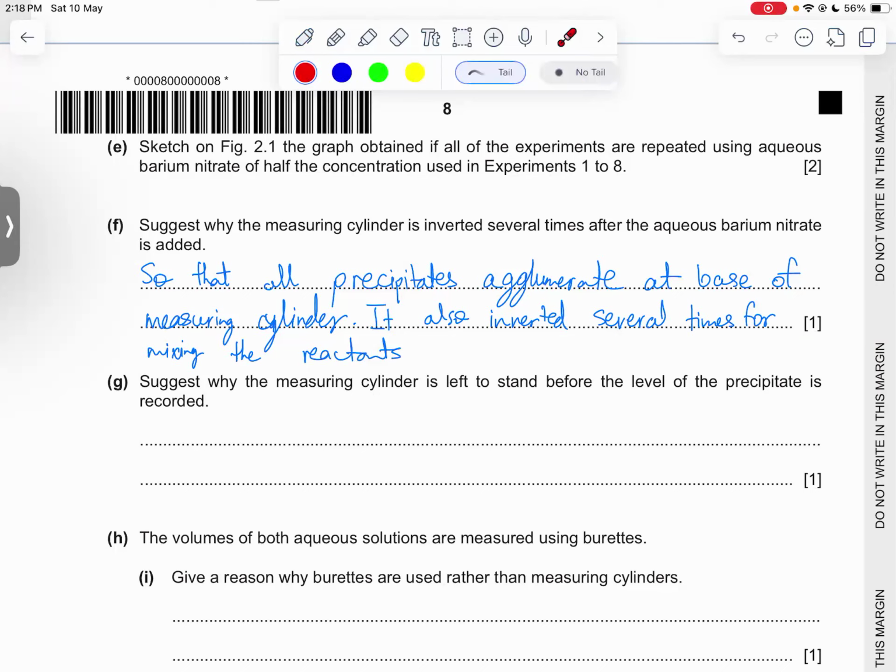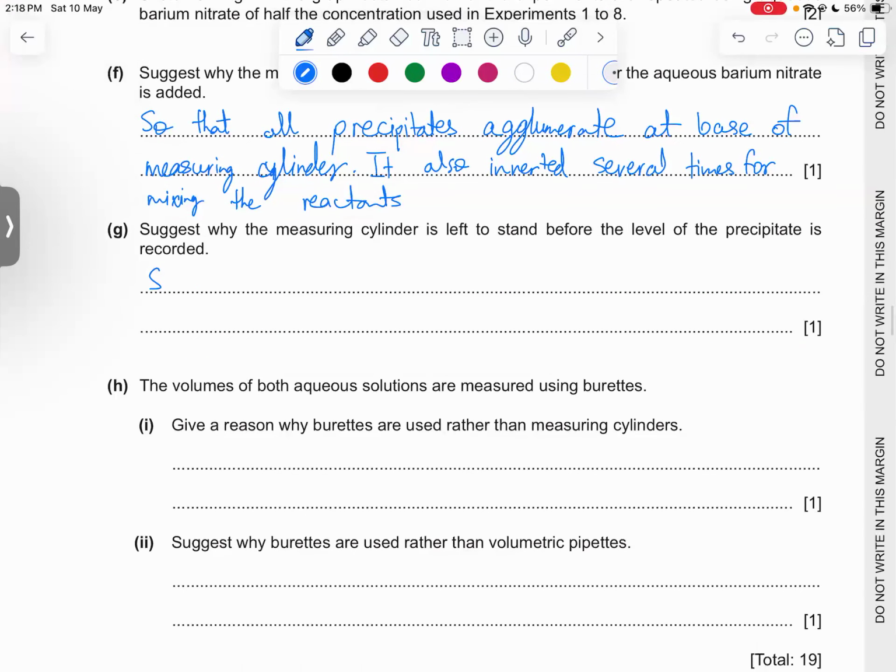Does it? Let's see. Suggest why the measuring cylinder is left to stand before the level of precipitate is recorded. So that all the precipitates settle at the bottom. Can I use the word agglomerate here? Yes, precipitates agglomerate and settle at the bottom.